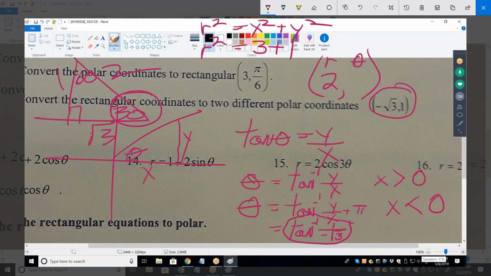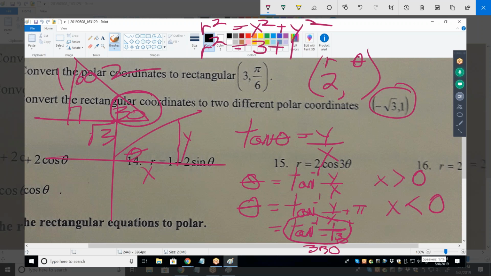So this would normally be 30 degrees if it was positive, but this is negative. So that is a fourth quadrant angle. What is the equivalent fourth quadrant angle to 30 degrees? 11 pi over 6. Yeah, let's call it 330 for the moment.